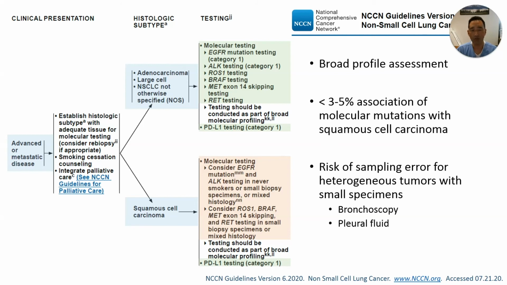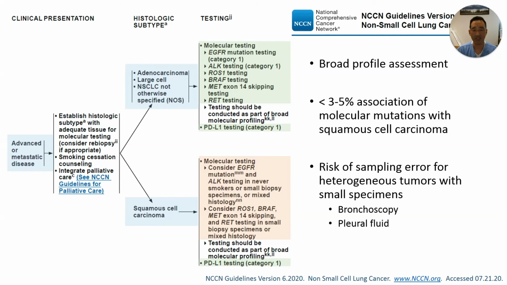So first of all, with regards to guideline recommended testing, this should be done as part of a broad profile assessment. Second generation testing is broad profile assessment. Sometimes you may hear it referred to as next generation sequencing or massive parallel sequencing. And that's because the first generation testing used to test individual mutations.